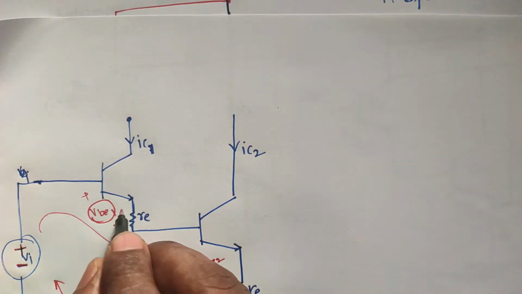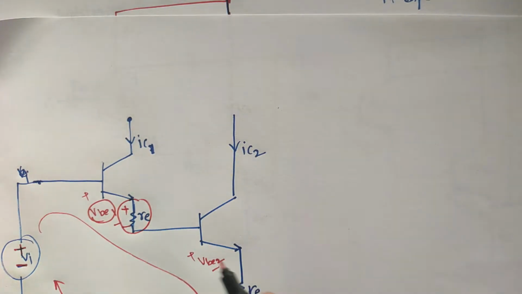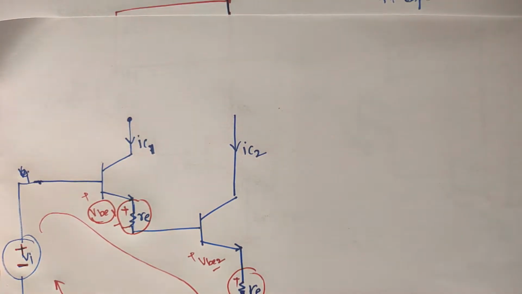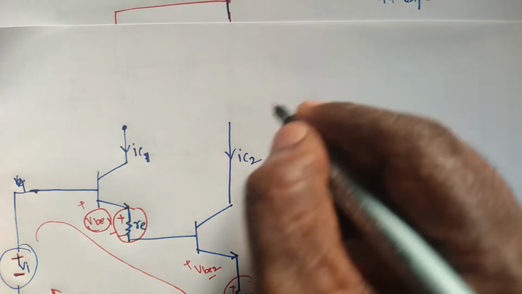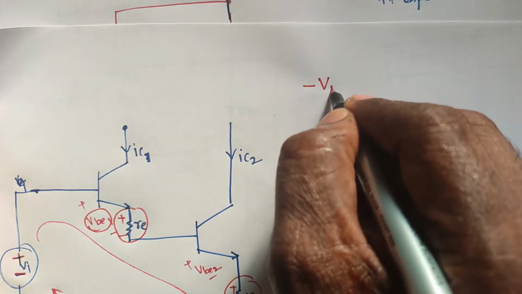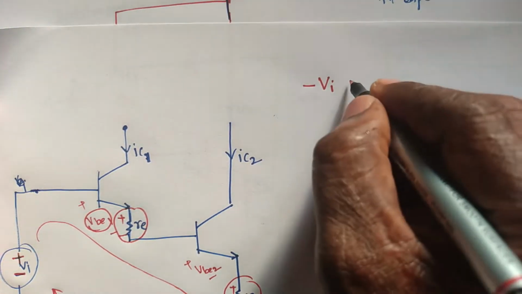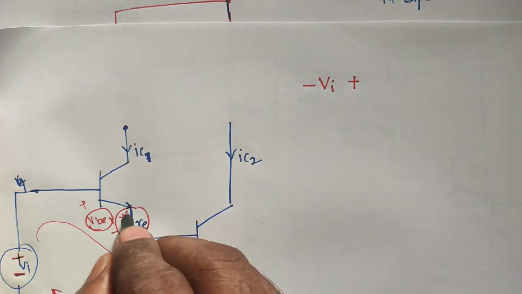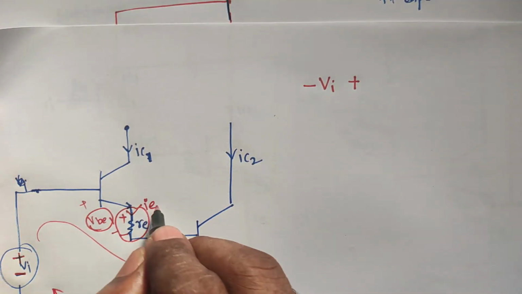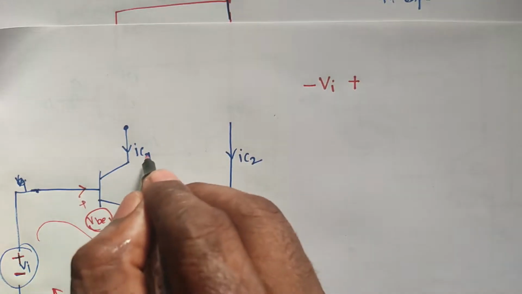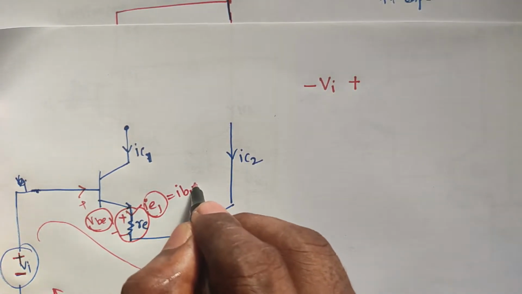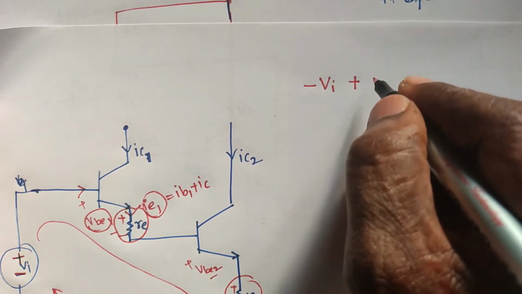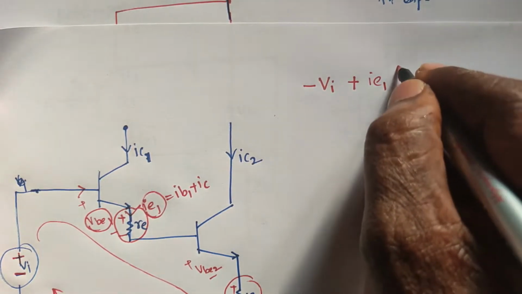Due to VB1, we have the resistor RE, and due to VB2, we have some resistor RE. Like that, you can take the starting terminal as minus Vi, and here the starting terminal is plus. In this loop, which current is passing here? IE1. Here IE1 is equal to the combination of IB1 plus IC1. So that is IE1 into RE.